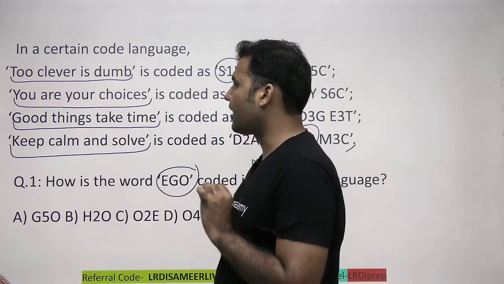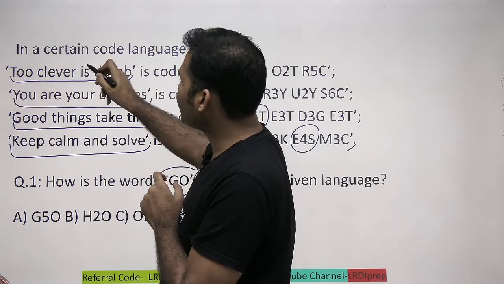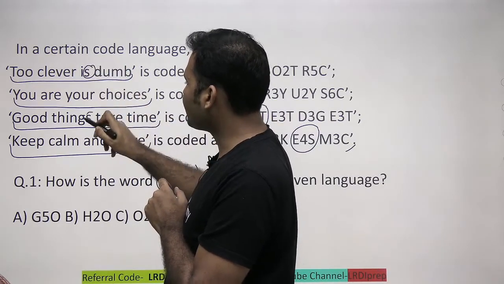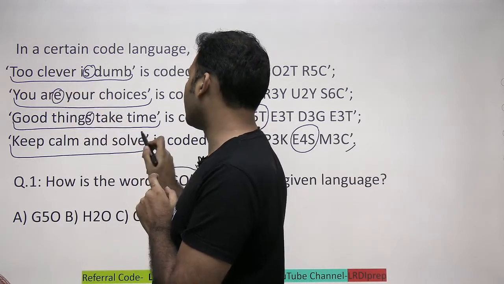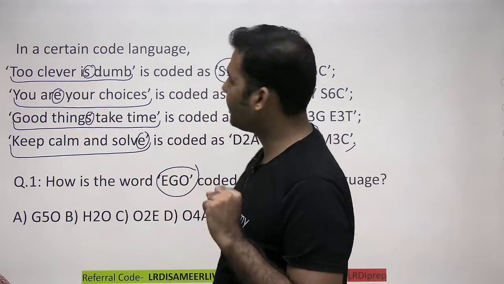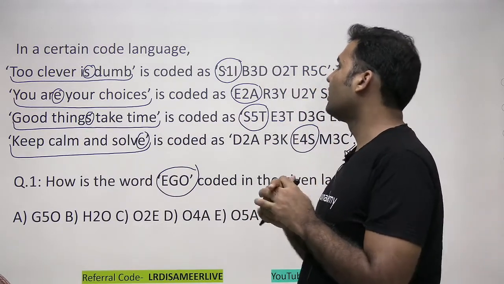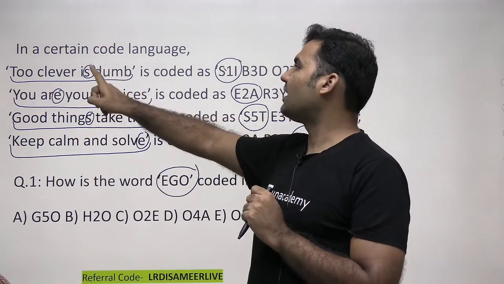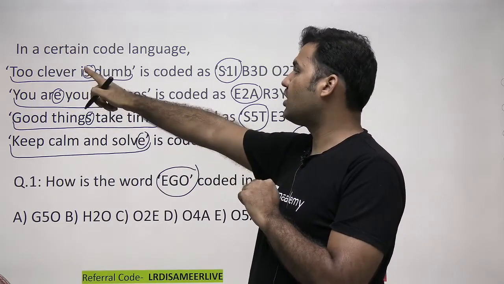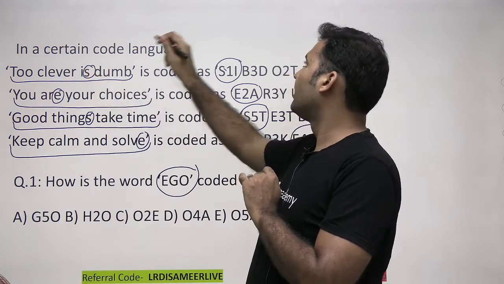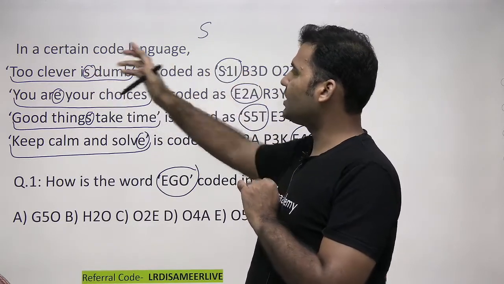Yes, I can see that, right? If you try to use it, you must be able to see that S has been used over here, S has been used over here. Also, E has been used over here and E has been used over here, right? Can we decode something from it? If I'm using the letter S as the first alphabet to code it, then the last letter used is I. Is I something related to this?